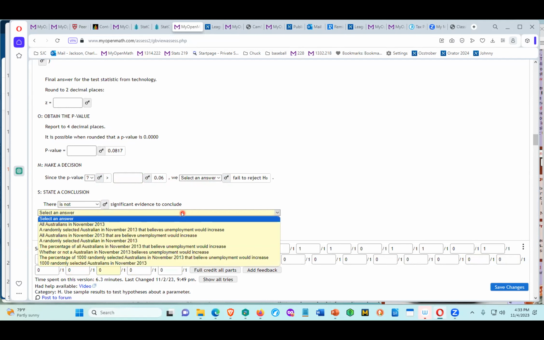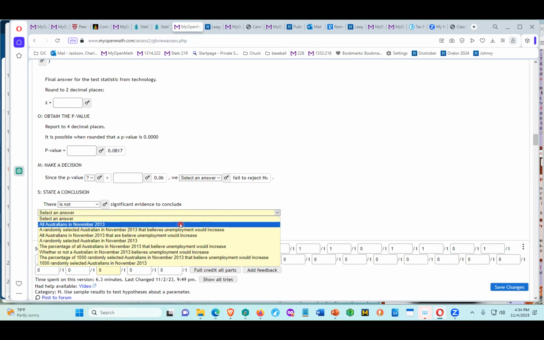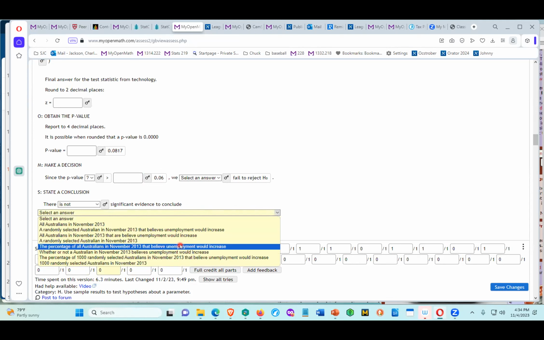Non-significant evidence to conclude that the null is wrong, that the null, which is all Australians in that baseline month of July.